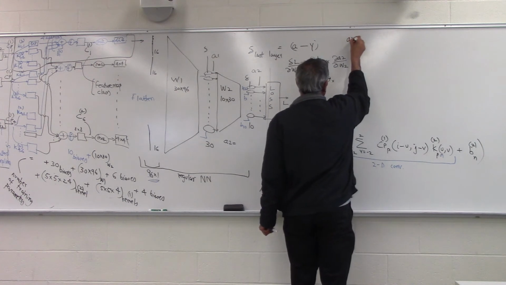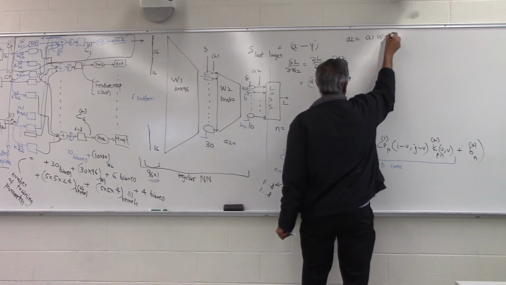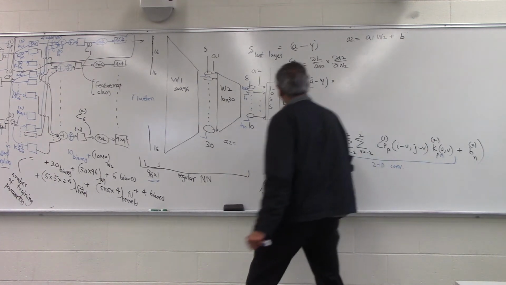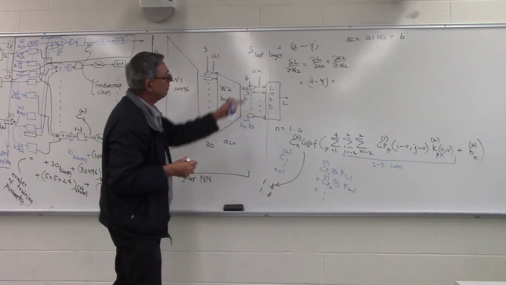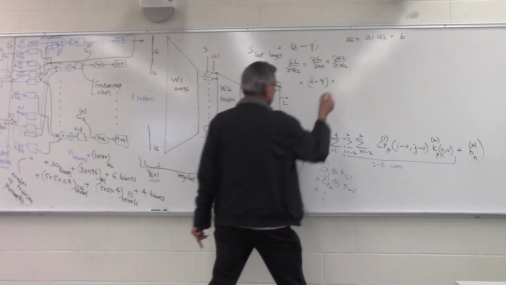Partial A2 over partial W2. If you rewrite the equation for A2, isn't it A1 W2 plus B, whatever that B is, right? Because A1 is acting as the input over here. So if I did the partial with respect to W2, it will be simply A1.